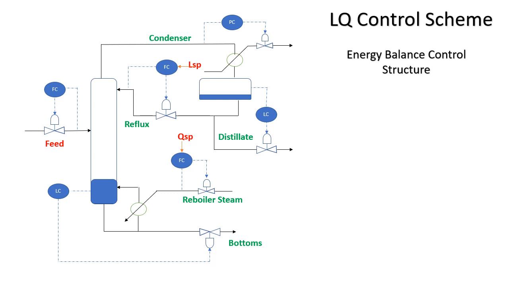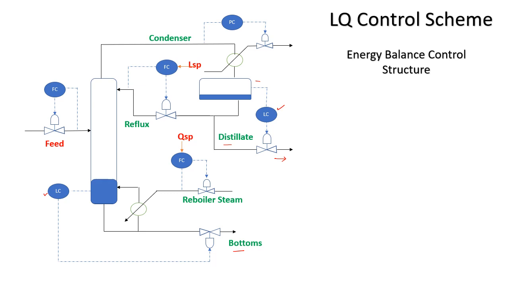Now in this case, as you can clearly see, how the control is achieved is, this top level is controlled through the flow of the distillate. So by controlling the flow of the distillate, this level is getting controlled. Again, the bottom level is getting controlled by the bottom flow, and the top pressure is getting controlled by the amount of condensation material that is going through.